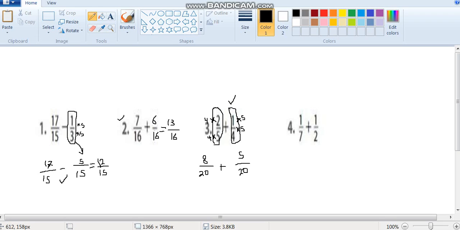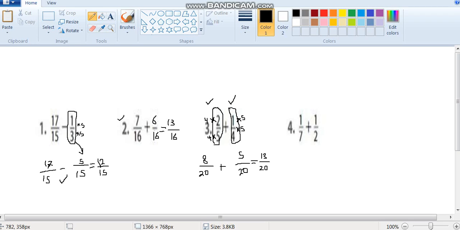Now we made the new form for both of them. 1 over 4 equals 5 over 20. The 2 over 5 becomes 8 over 20. Now you can add them easily. It will become 13 over 20.